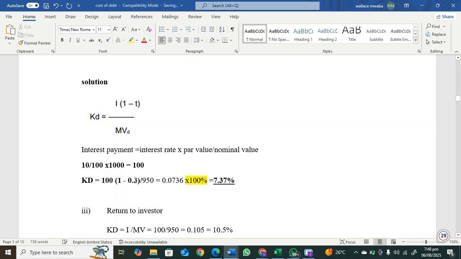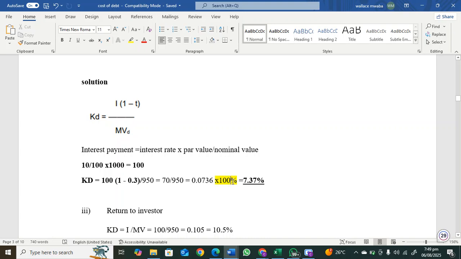So you're going to say 1 minus 0.3, that is 0.7. Let's get our calculators, colleagues. 0.7 times 100 is 70 kwacha. So that will be 70 divided by 950, which is 0.00736.